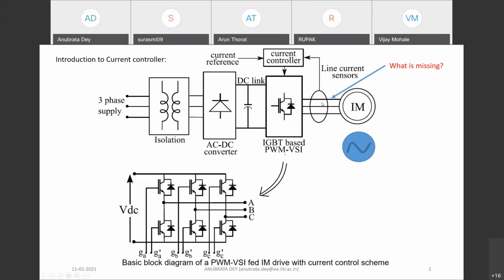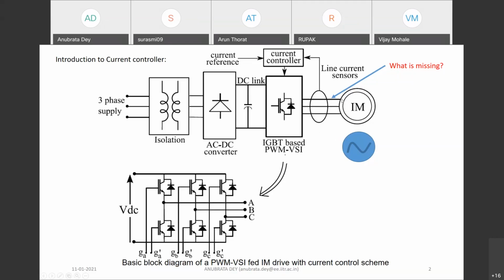Specifically, a series inductor is required, or instead of a simple inductor you can put an LCL filter also. The simple reason is that you cannot connect two voltage sources directly. In an induction machine, there is a back EMF.